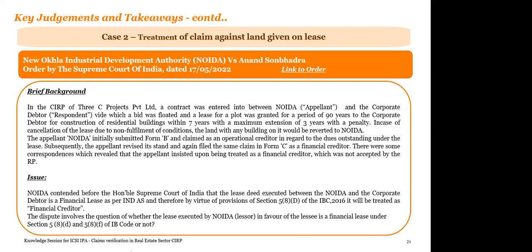Now, on this matter, Noida contended before the Supreme Court that the lease deed executed between Noida and the builder is a financial lease, and as per the Indian accounting system, by the provisions of section 5(8)(d) of the Code, it will be treated as a financial creditor. The dispute is whether this lease of Noida is actually a financial lease under section 5(8)(d) and 5(8)(f) of the Insolvency and Bankruptcy Code.